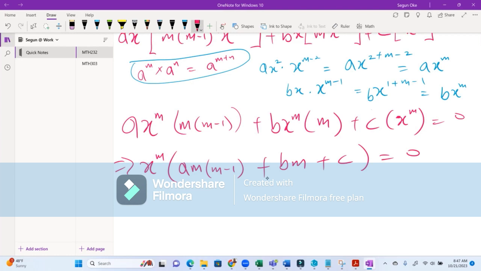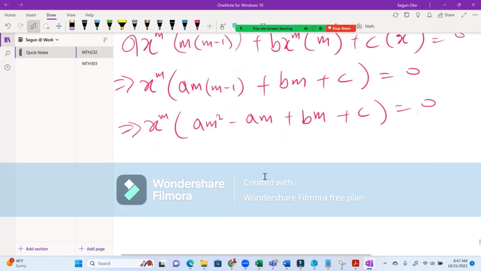If you open the bracket of the first one, what do we have? We have x raised to power m, am squared minus am plus bm plus c equals 0. The next thing we need to do is what? We need to make it in a quadratic way.